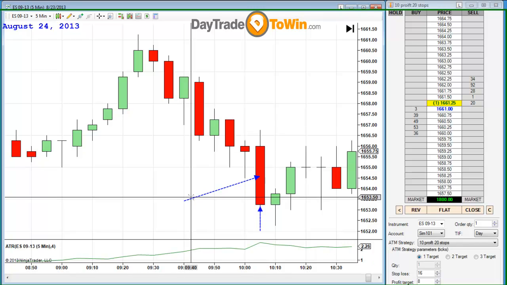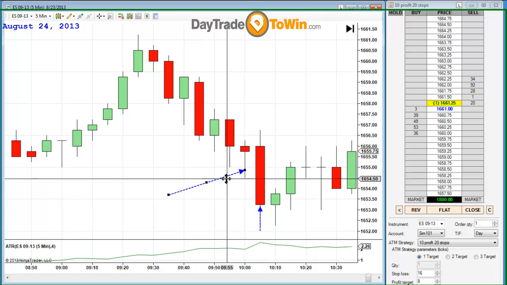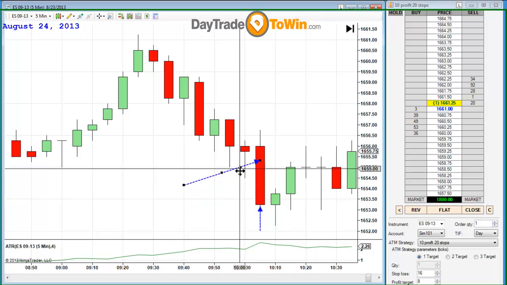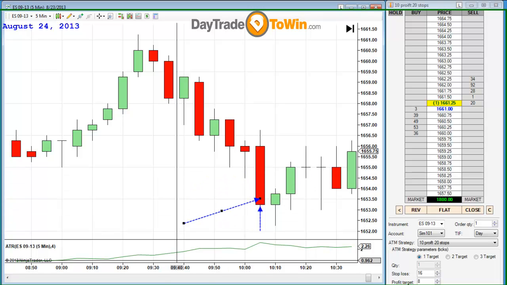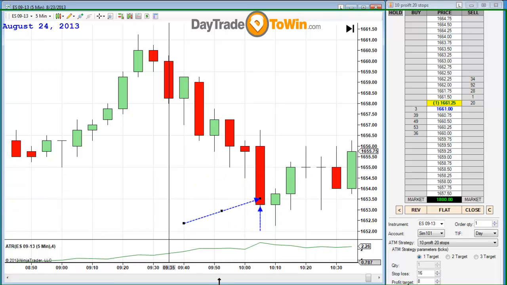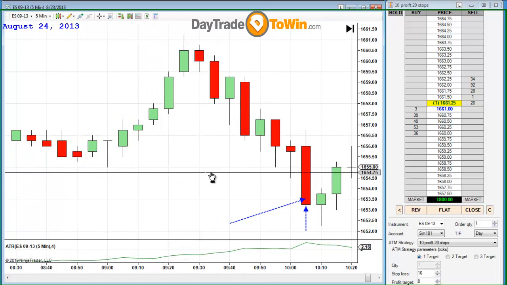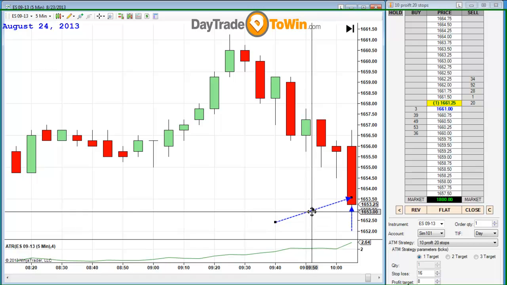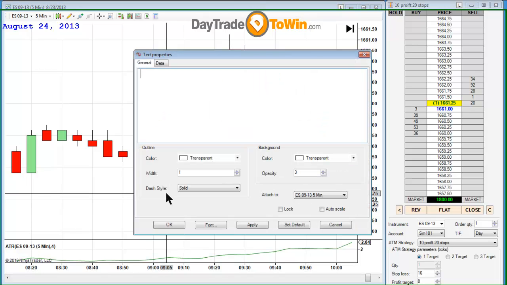And so how do I know that? Well, look at this candle, compare it to the last 2 or 3 bars, and it's much larger. So I know that there was some reaction to the news. I then say to myself, well, let me just put these rules here so you guys don't forget. Let's say that there's reaction to the news.